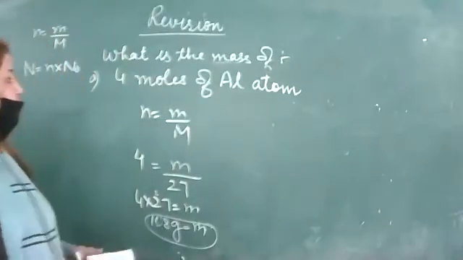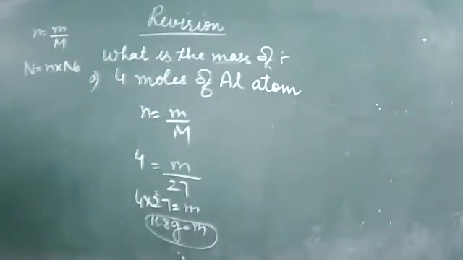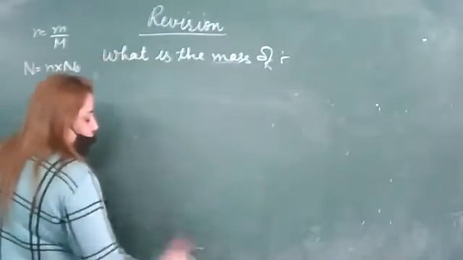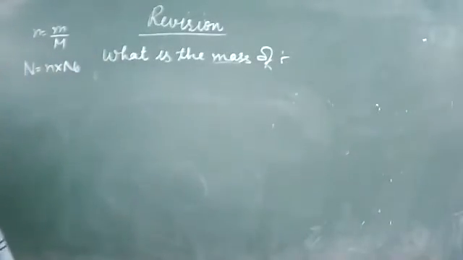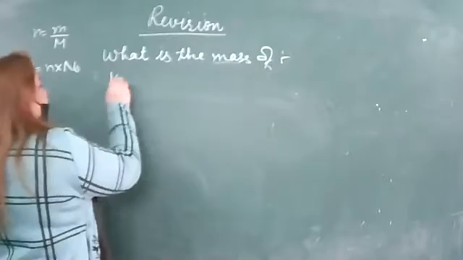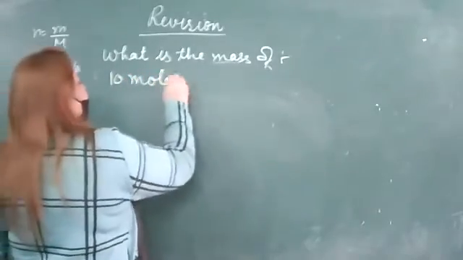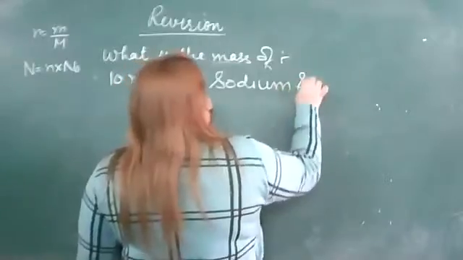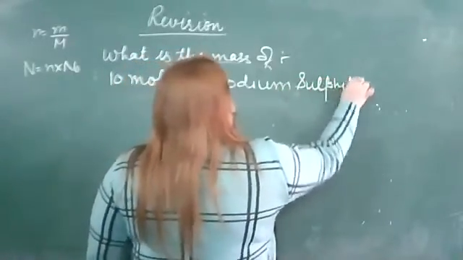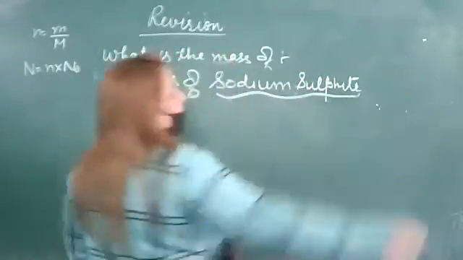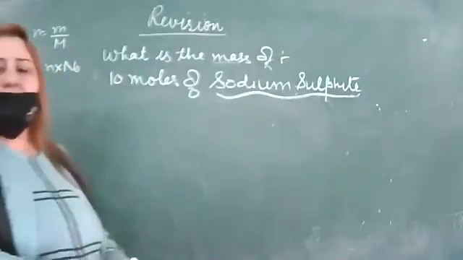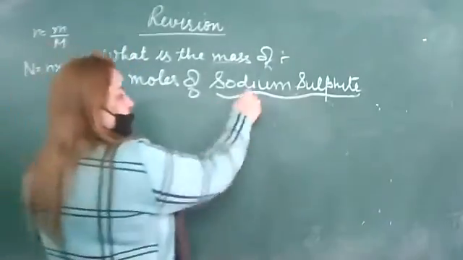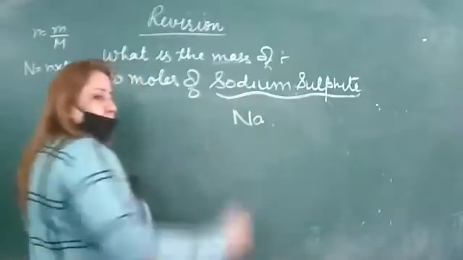Okay. Then the third question is 10 moles of sodium sulfite. First we will frame the formula. I am not going to write down the formula. They are saying to calculate for 10 moles of sodium sulfite. First we will frame the formula of sodium sulfite. Let's do this, revision of the formula also. Sodium symbol is Na.